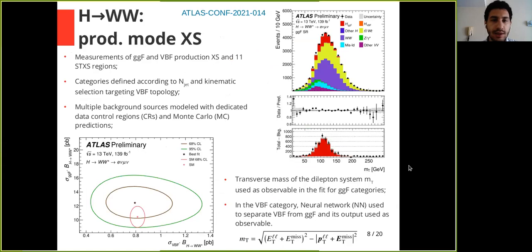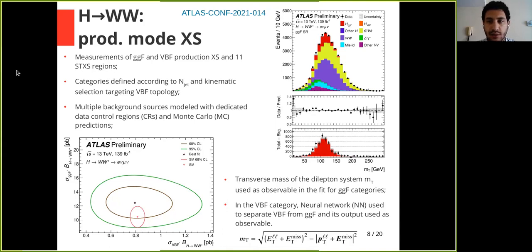The second set of measurements was performed in the WW channel, where each W boson decays into a lepton and a neutrino. In this channel, we measured the GGF and VBF production cross-sections and also 11 STXS.